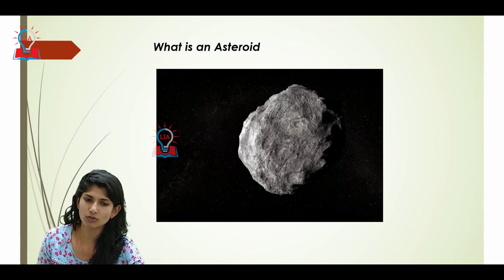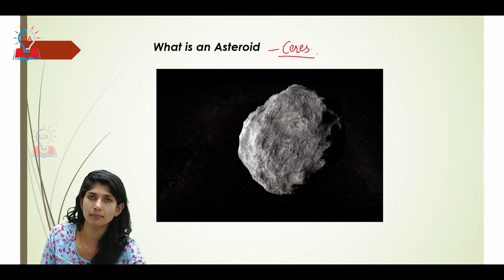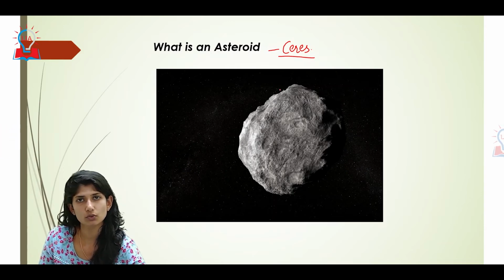A large number of asteroids are found between Mars and Jupiter, forming the asteroid belt. The largest among the asteroids is Ceres. Didymos and Dimorphos, which we spoke about, are also asteroids.